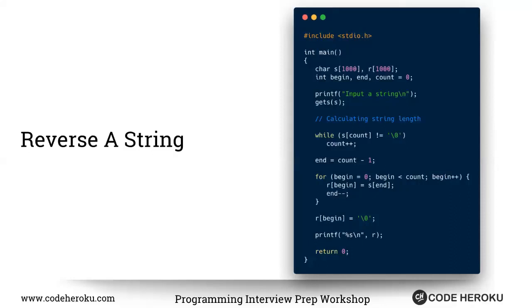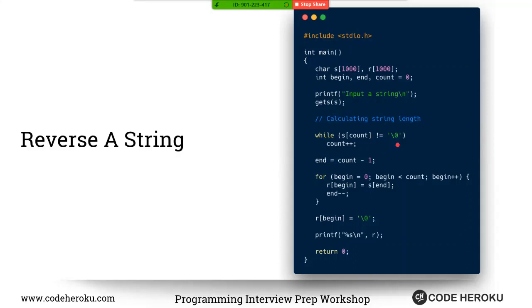Okay. So I just allocated two strings over here, and I was not replacing them in place. I'm using another extra string for reversing the string. Also, you want to make sure that the last character in a C string is always going to be a \0.